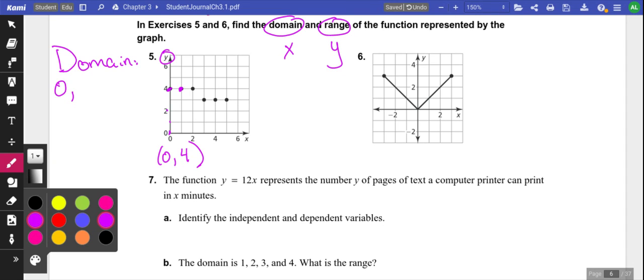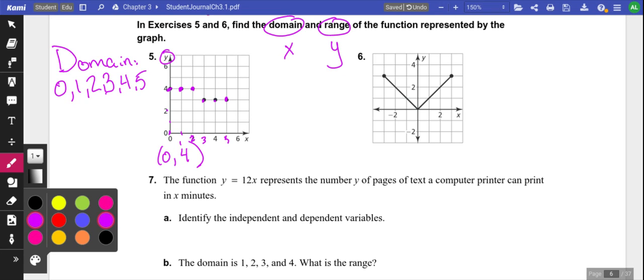Then over here, that's a 1 on my x-axis. Over here, I've got a 2. Then over here, again, I don't care about my y value with domain. So over here, that's a 3 and 4. And this is a 5.